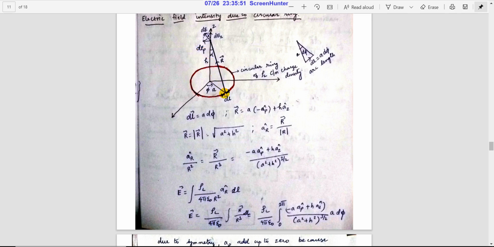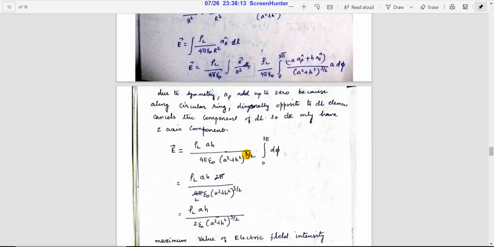If you are having the rho vector component along this ring, then due to the symmetricity of the circular cylinder, the diagonally opposite rho components of this circular ring will be added up and cancel each other and become 0. So only we will be having the z-axis component.